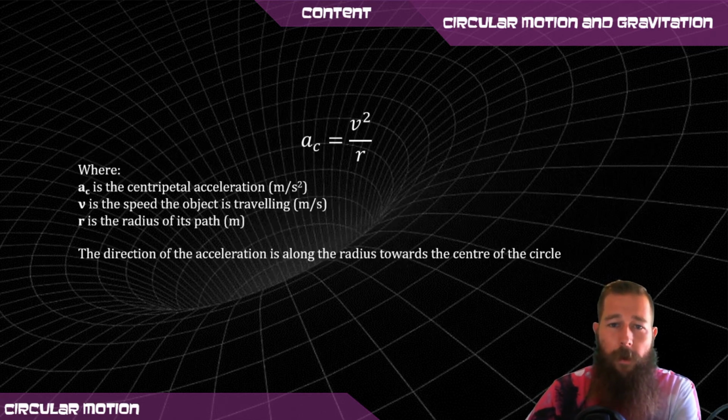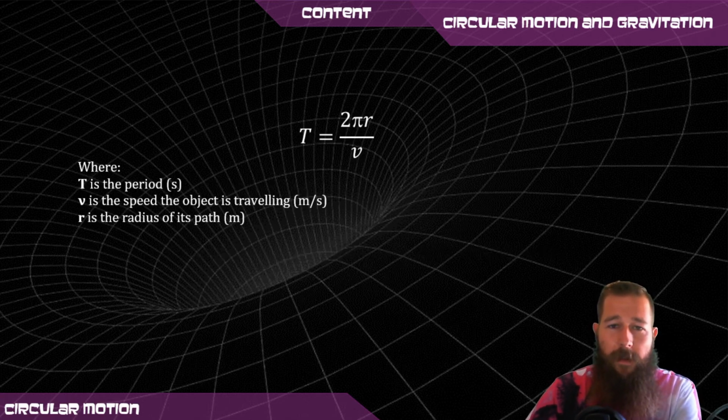The following equation provides a relationship between the acceleration of an object, its velocity, and the radius of its orbit in the circular path. The direction of the acceleration is along the radius toward the center of the circle. This equation provides a relationship between the period of orbit, which is 1 lap, the radius of the orbit, and the object's velocity.